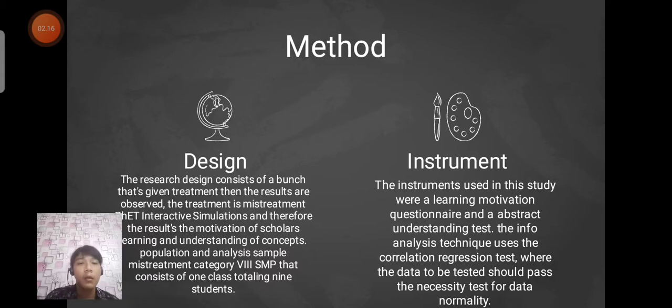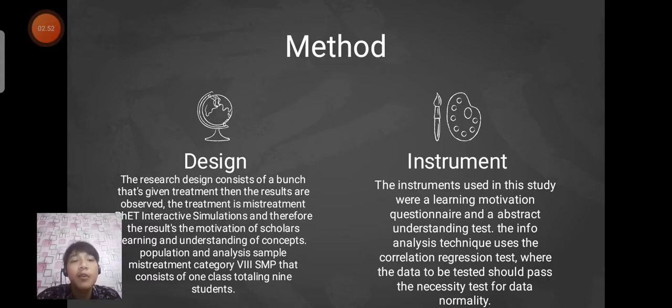Part 2, Method. Design. The research design consists of a group that is given treatment, then the results are observed. The treatment is using PhET interactive simulation, and the results are the motivation of student learning and understanding of concept. The population and sample use a class in junior high school that consists of one class totaling 9 students.